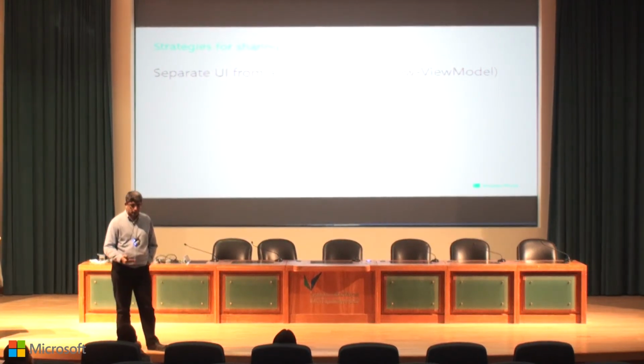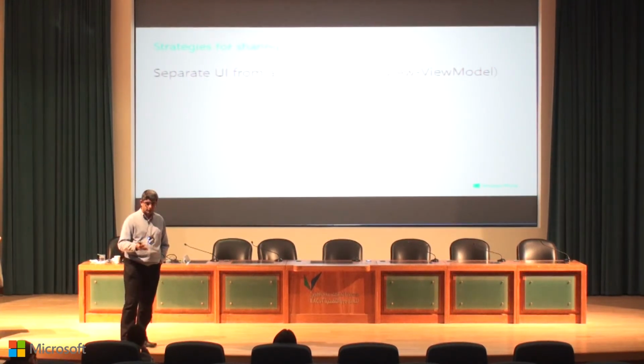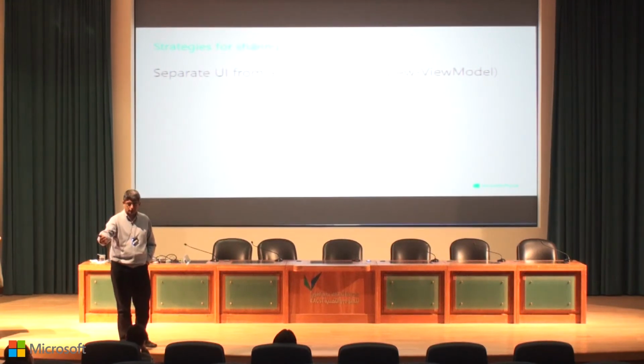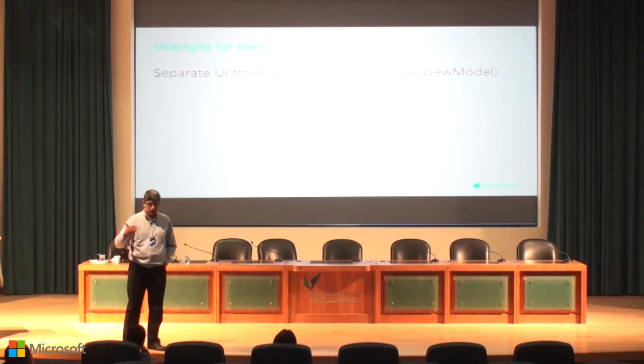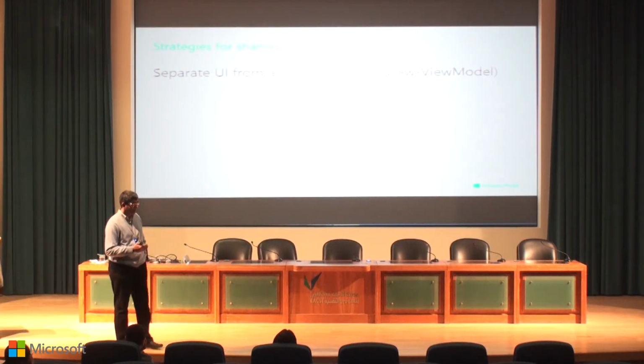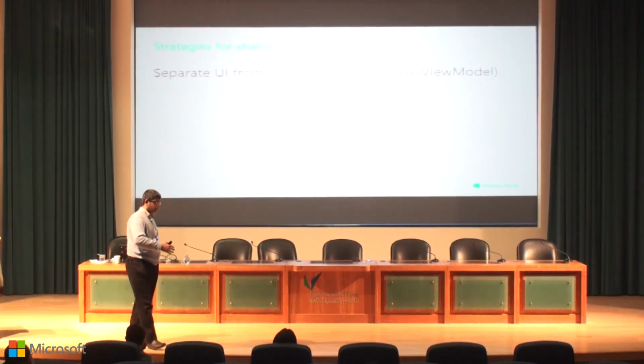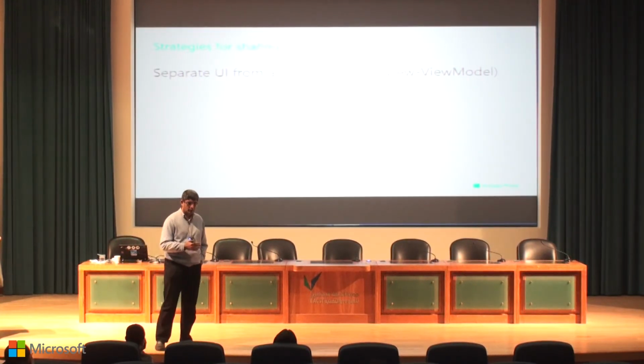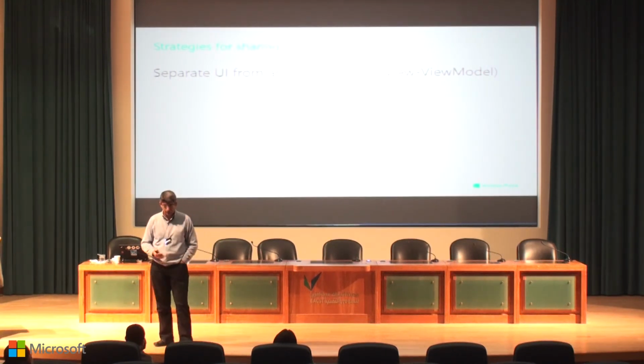The UI is independent of the view model and the model. So if you make changes to the backend model, it does not affect your UI. And that way, you can take that model and the view model and put it into a higher class, which is supporting both the platforms.